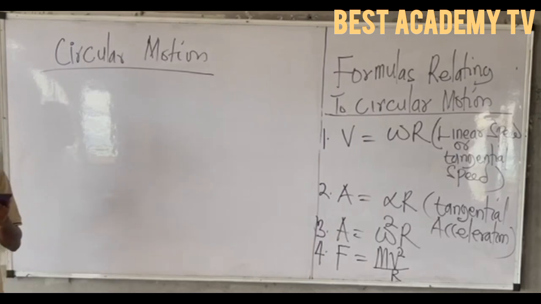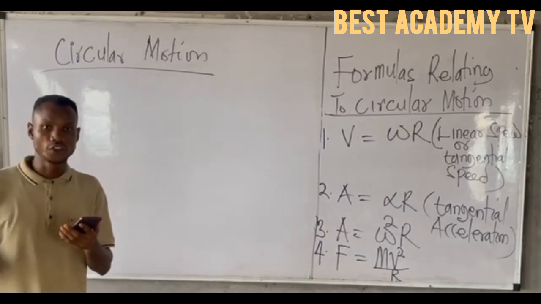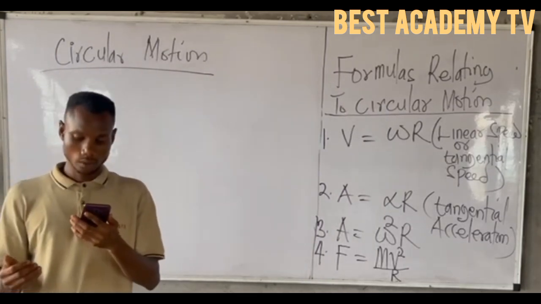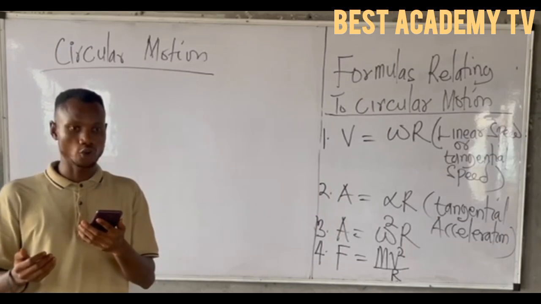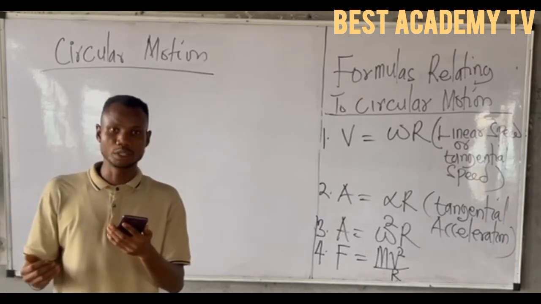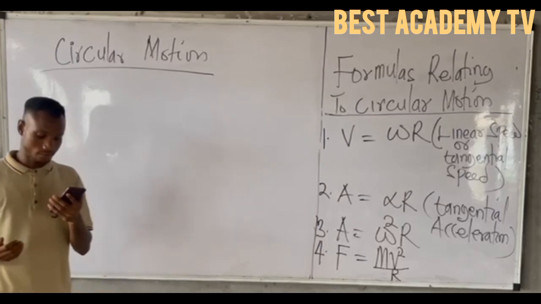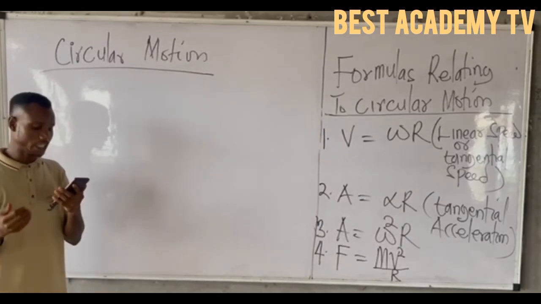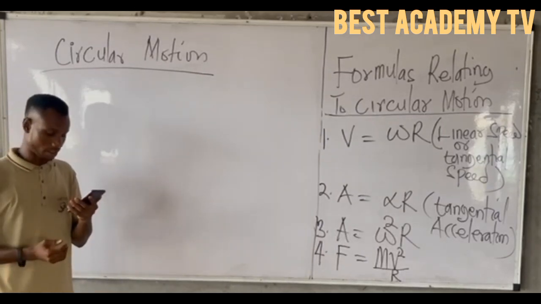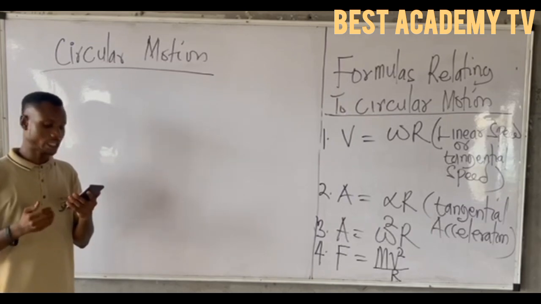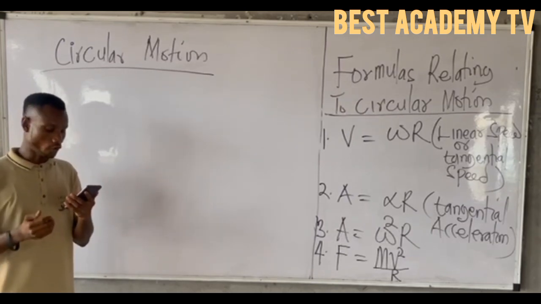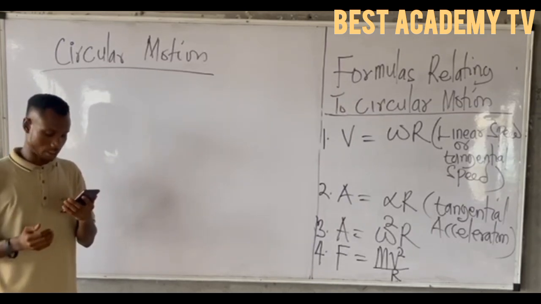An object of weight 150 newtons moves with a speed of 4.5 meters per second in a circular path of radius 3 meters.